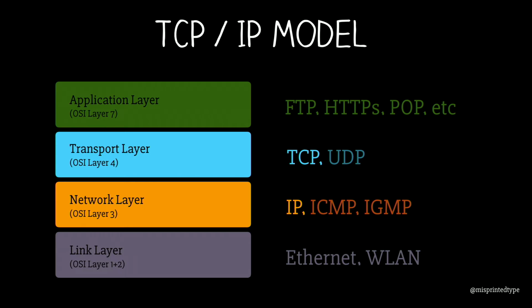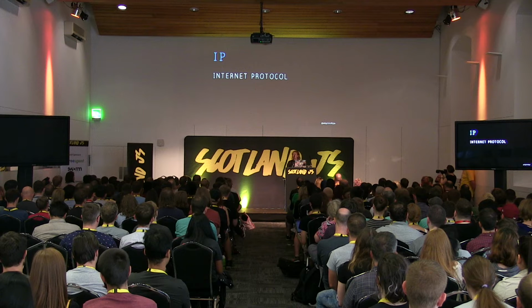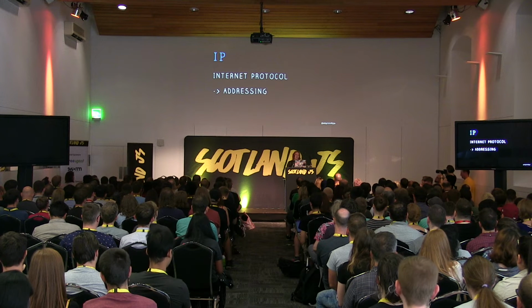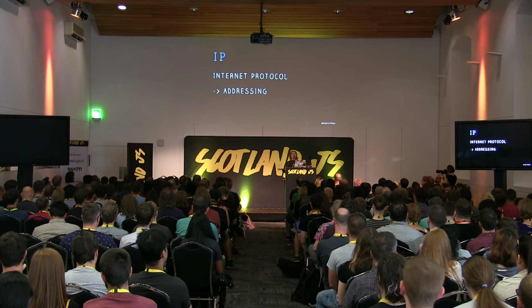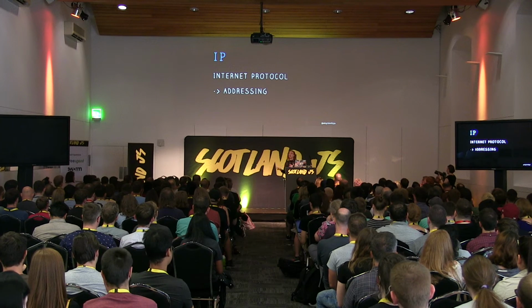Why? Because in comparison to the OSI model, both of those protocols, TCP and IP, are the foundation of the suite. So what are the roles of IP and TCP? What do they do? IP, short for Internet Protocol. It's here to give the sender and receiver a number, an address, so the package knows where to go and where it's coming from.